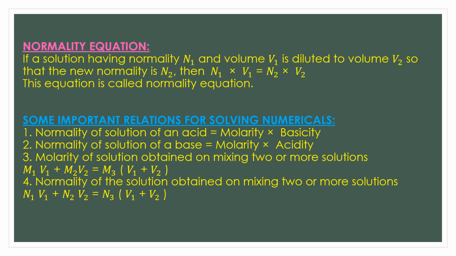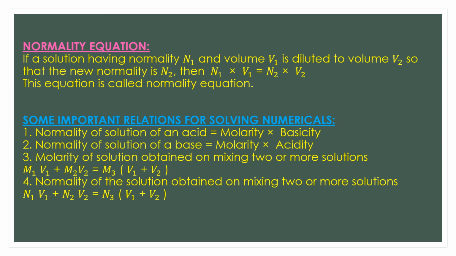Suppose two or more solutions are being mixed and we have to find out the molarity of the resulting solution. The first relation is: normality of a solution of an acid equals molarity times basicity. The second is: normality of a solution of a base equals molarity times acidity. The third is the molarity of a solution obtained on mixing two or more solutions: M1V1 plus M2V2 equals M3 times (V1 plus V2).